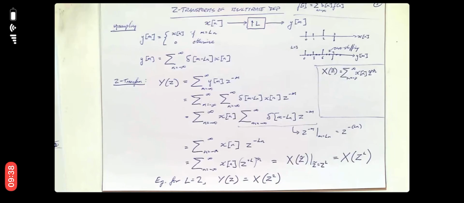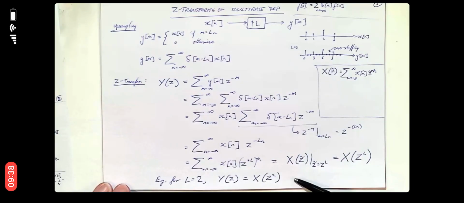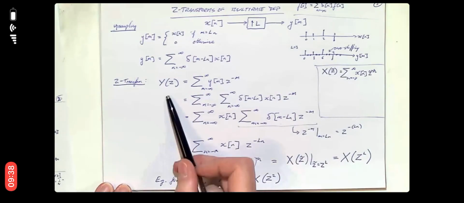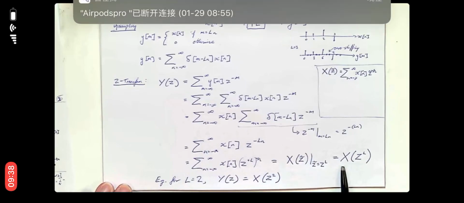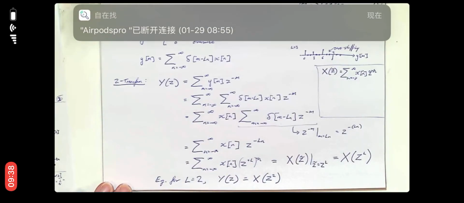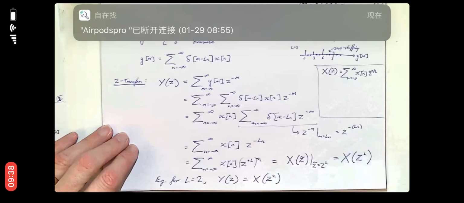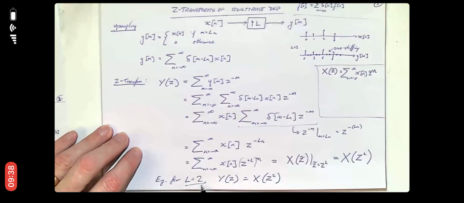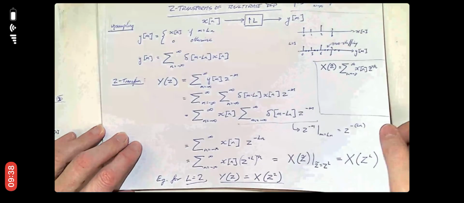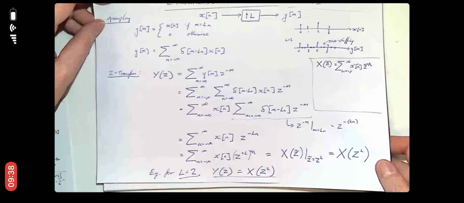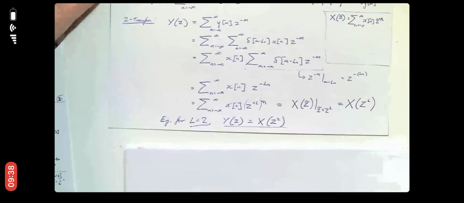And that's going to be one of the exercises for the last bit of the tutorial sheet. But we've got this so far. This is just y of z is x of z to the power L. So it's quite a nice result. So that was upsampling. I'll keep that on there.